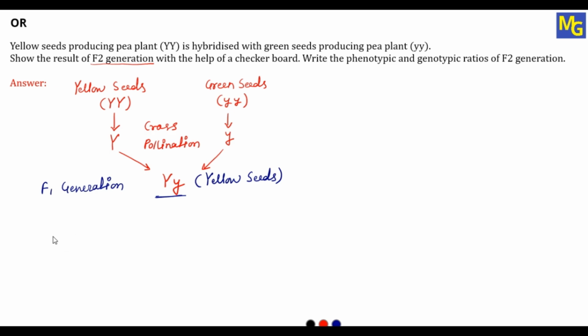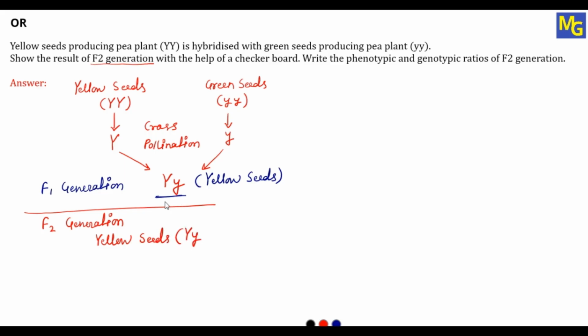Now we will see the F2 generation. Here I'll draw one straight line and write F2 generation. In this F2 generation, I am going to cross the plants which we have got in the F1 generation. The plant has yellow seeds, and the notation is capital Y and small y.